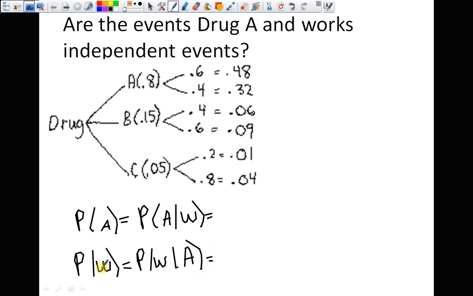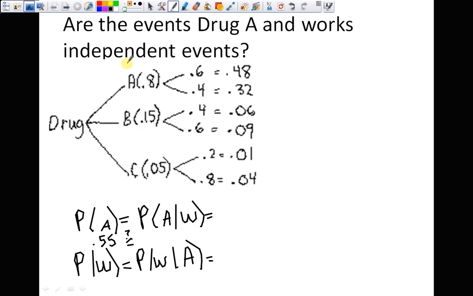So I'll just use this one. It doesn't matter which one you do really, but the probability of working, we already know, is 0.55. Got that a couple of times. That's the 0.48 plus the 0.06 plus the 0.01. Now we're going to try to see, is that the same thing? Put a question mark there. Is the probability that it works given that you use drug A? Well, let's think about it.